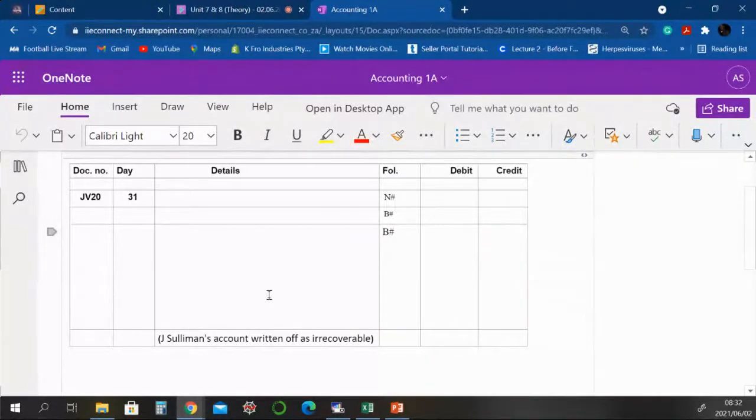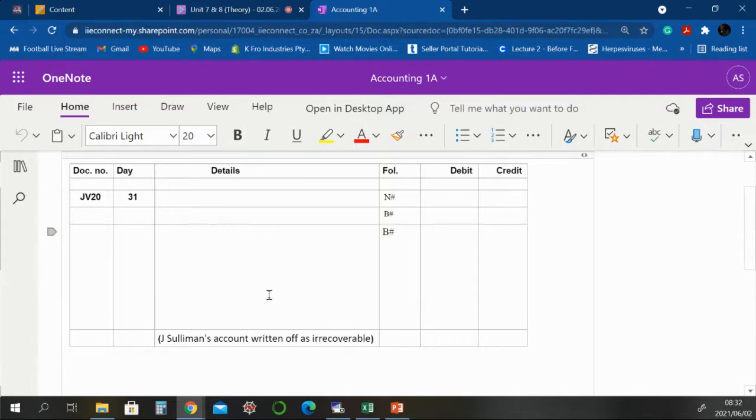Debtor control, yes, so it's going to be the debtor. So what else is going to be affected? To which account did you say we're going to write this off to? What account did you use? Bad debt, okay, so bad debt is going to be affected, debtor control is going to be affected. What else is going to be affected? One more.